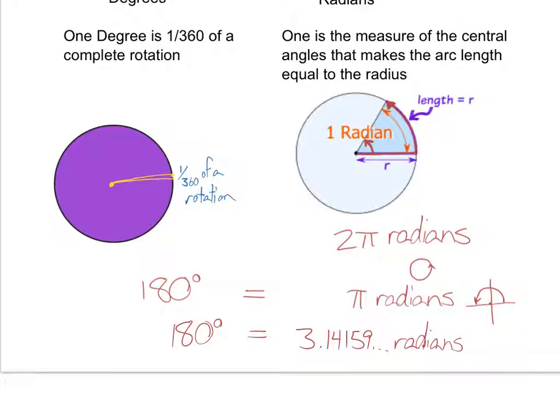Just like 3 feet is 1 yard, okay? 128 ounces is 1 gallon, alright? It's just simply a conversion here. 180 degrees is pi radians, okay? Does that make sense? Like a radian's like around high 50 degrees.